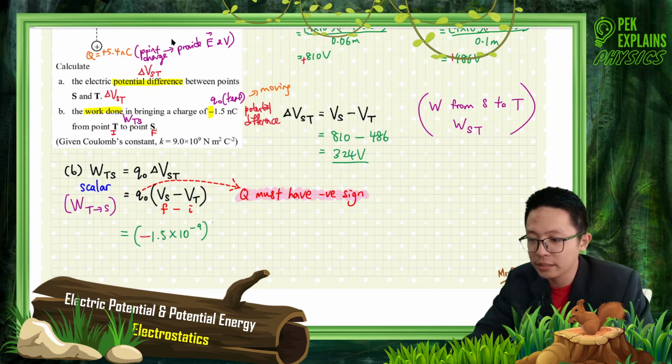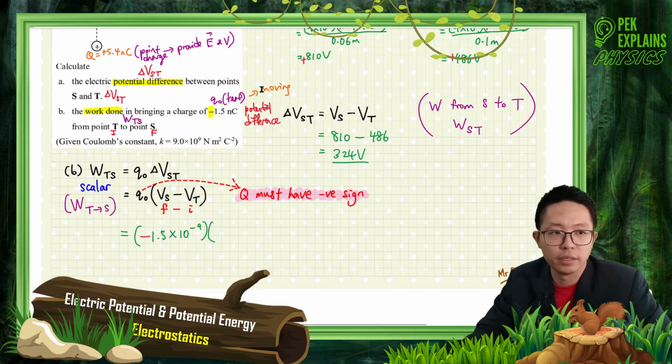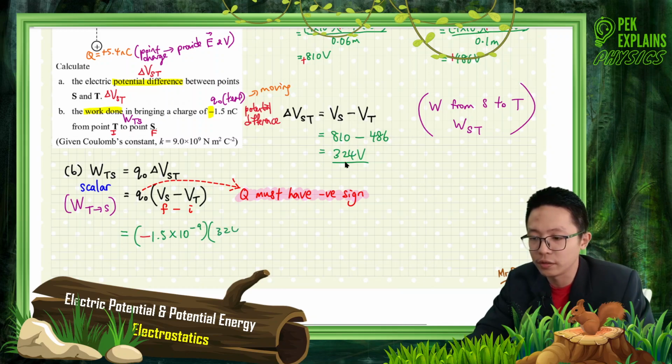We got the delta Vst just now, which is 334 volt. So I got the value, negative 4.86 exponent negative 7 joule.